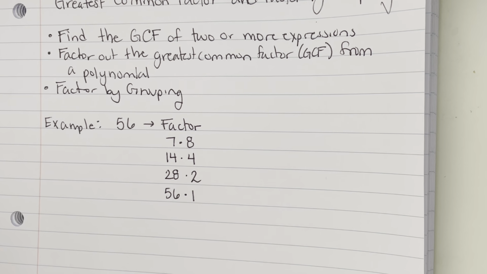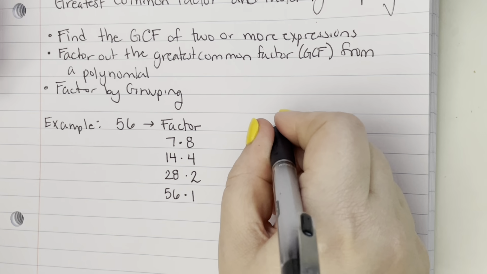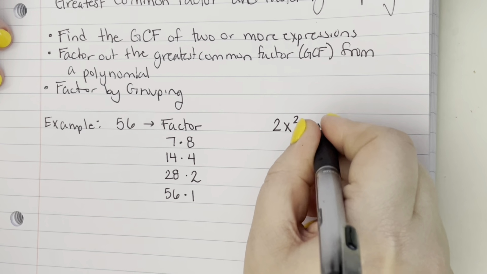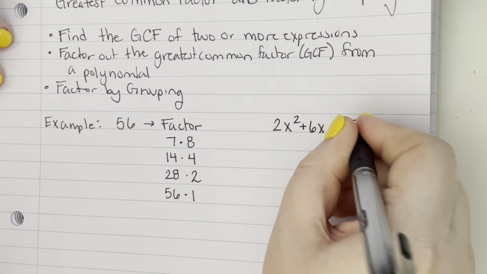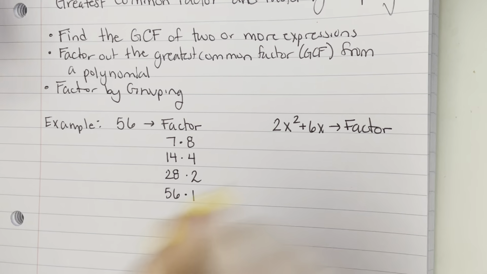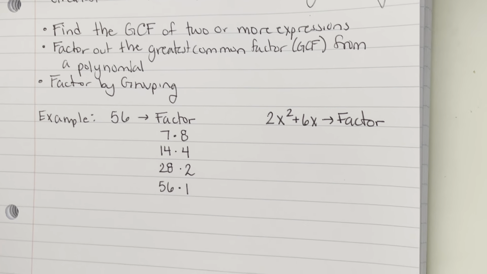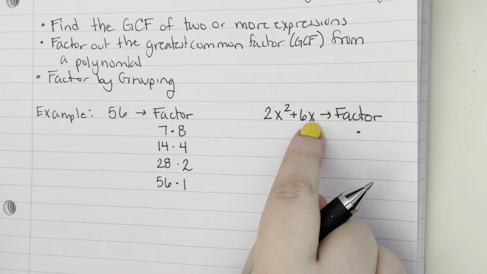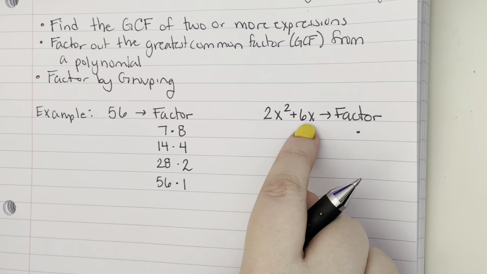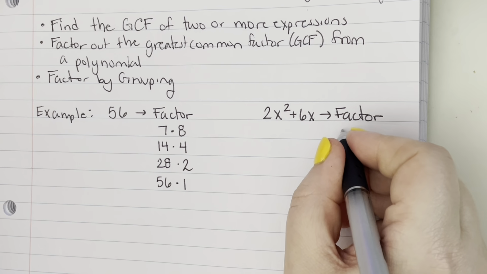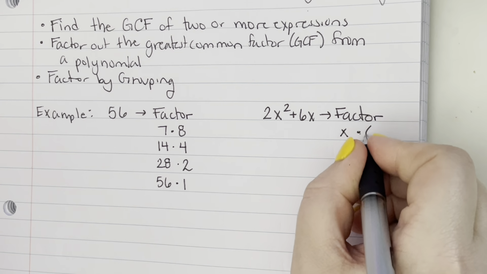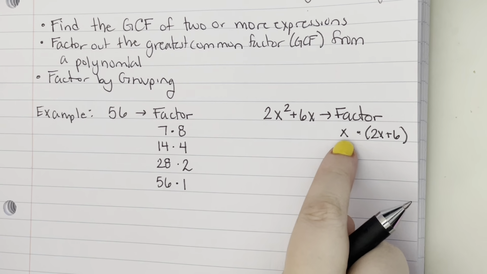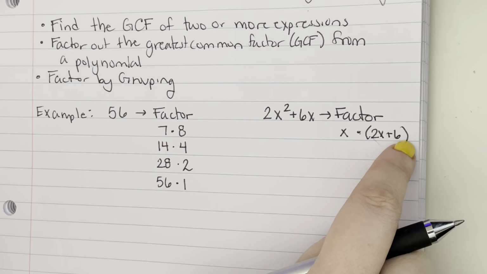If I instead say to factor something like this, a polynomial, your goal as the student is to figure out what things might have been multiplied to produce these two terms. Now, some examples include x times 2x plus 6. And you can check my work by distributing the x.